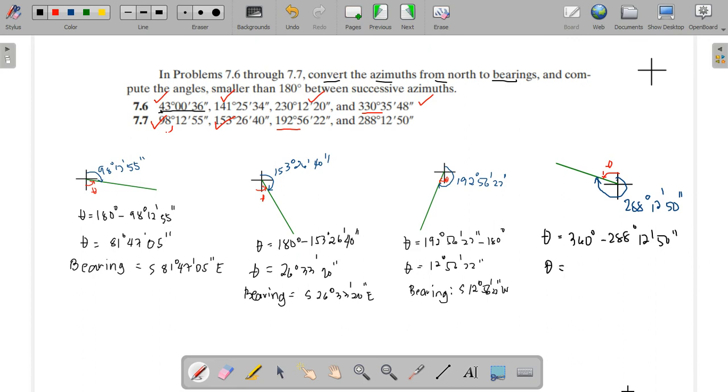That's equal to 71 degrees 47 minutes 10 seconds, or the bearing is equal to north 71 degrees, 47 minutes, 10 seconds west. Okay, so this will be your answer for this number.